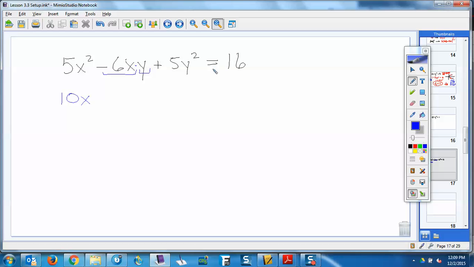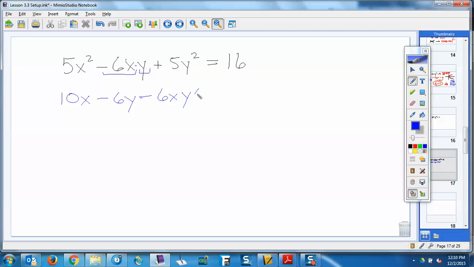So here we go. Derivative of the first, what's the derivative of negative 6x? Negative 6, with the y left alone. Plus negative 6x left alone, and what's the derivative of y?